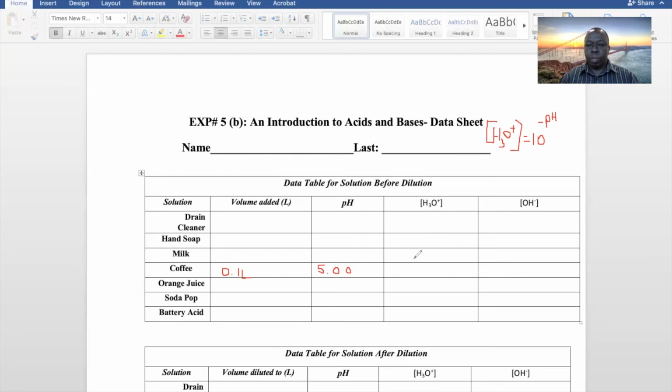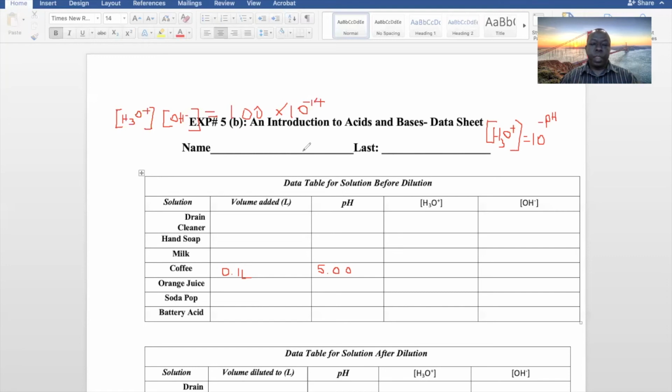So if you know the pH, you can find the hydrogen or hydronium ion concentration. Once you determine the value for the hydrogen or hydronium ion concentration, you know from the background the product of the hydrogen ion concentration and hydroxide ion concentration equals 1.00 times 10 raised to negative 14.